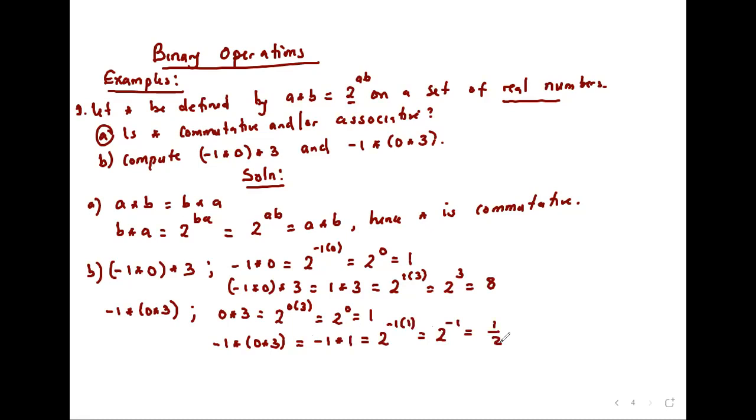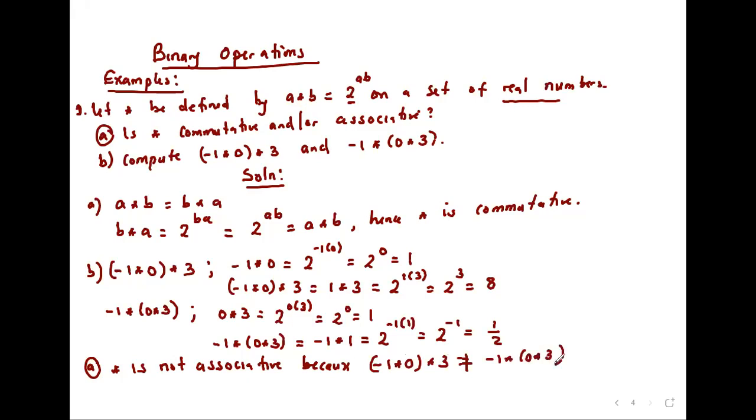If that is the case, you have done the computations. Then you say star is not associative, because you have an example which fails to hold: this star 3 is not equal to this star 3.